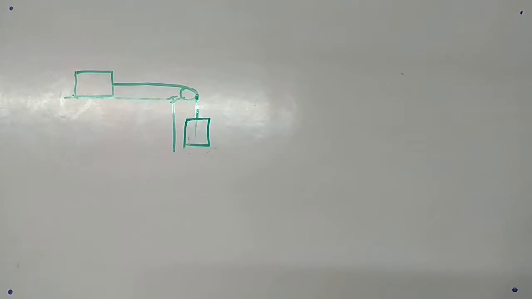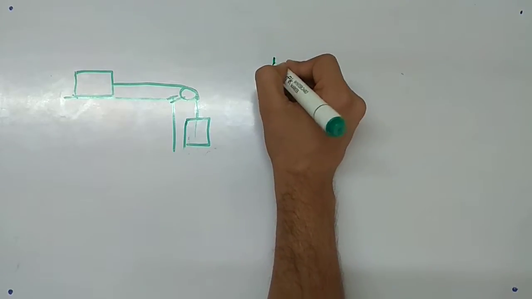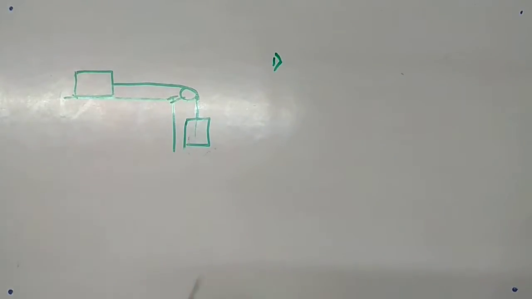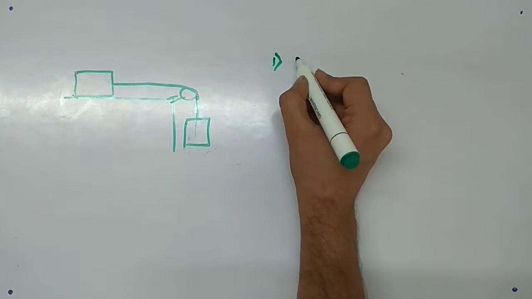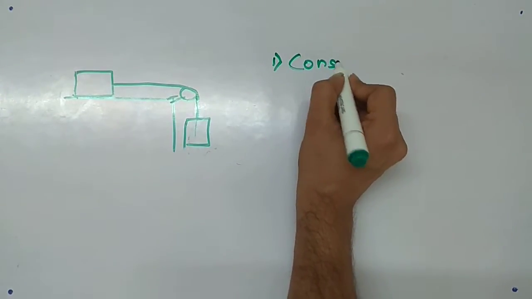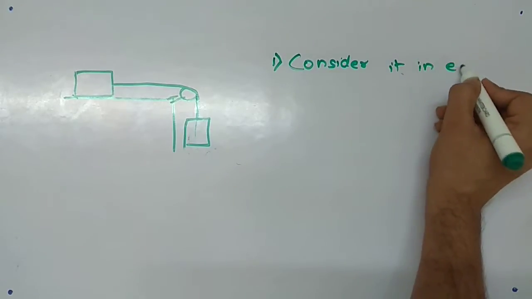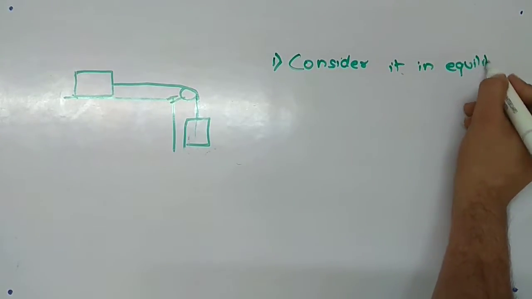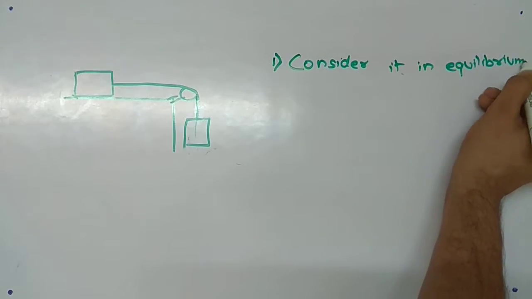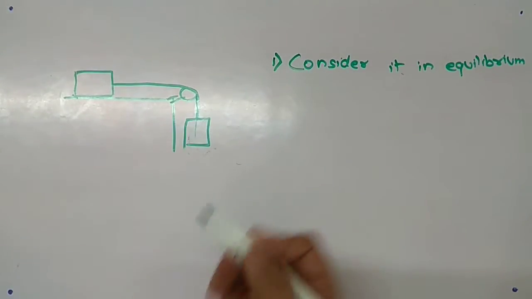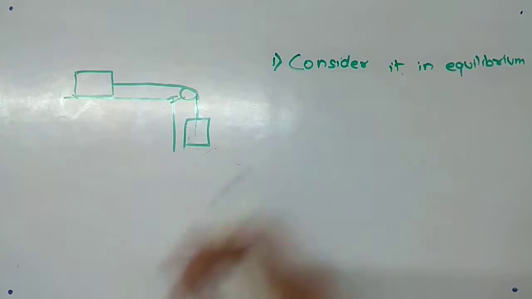Okay, so whenever you are solving a question like this, the very important basic concepts are, first thing, that the entire system, first you have to consider it in equilibrium. Next, how are you going to consider it in equilibrium?